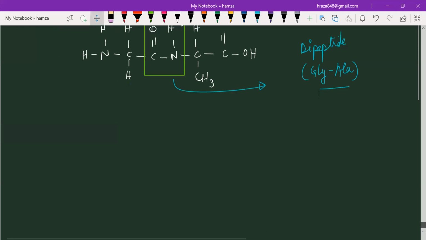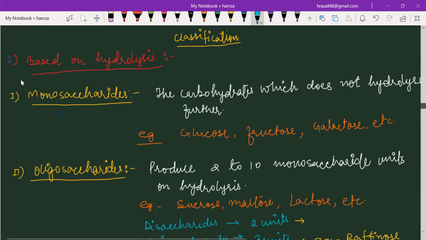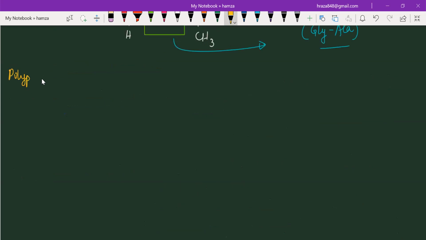See, now we are going to talk about this polypeptide chain. So when we talk about polypeptide chain, what it is basically, right with me.